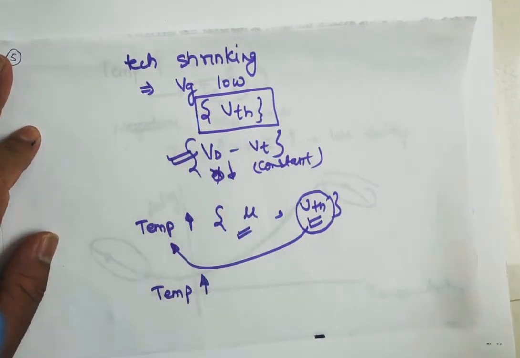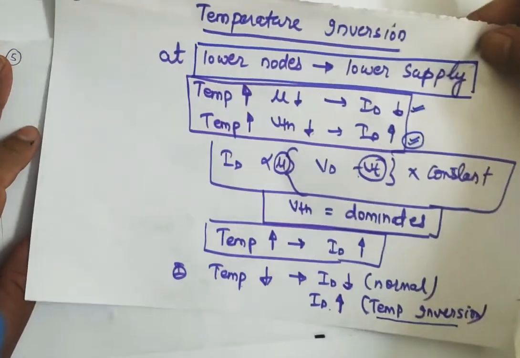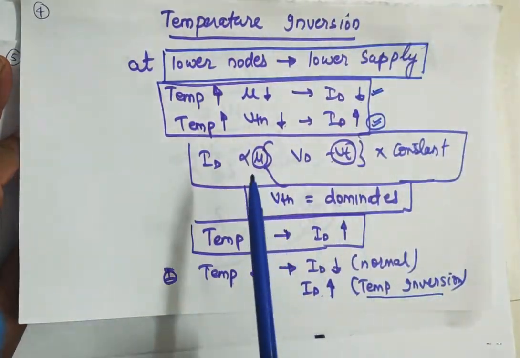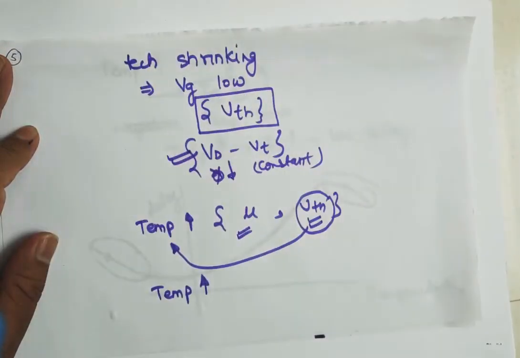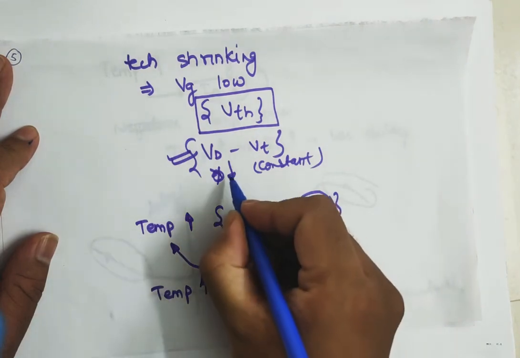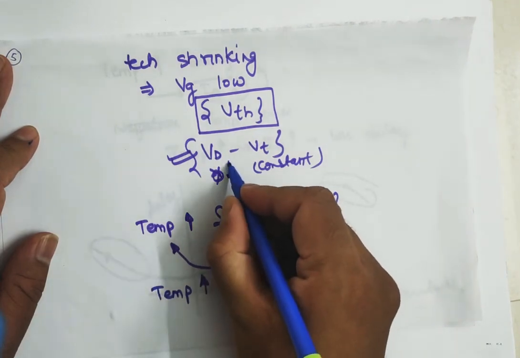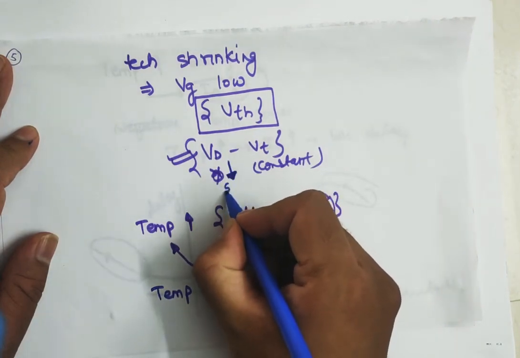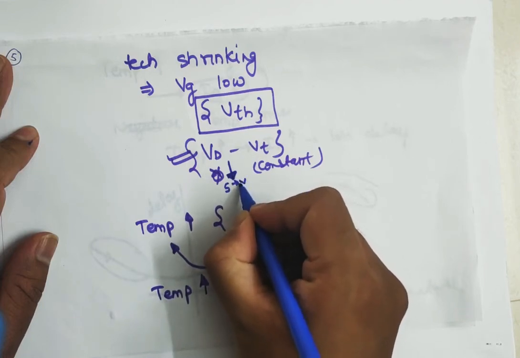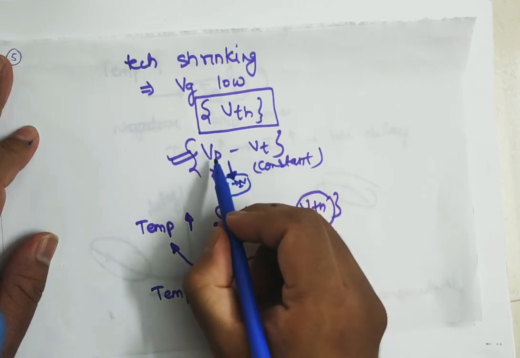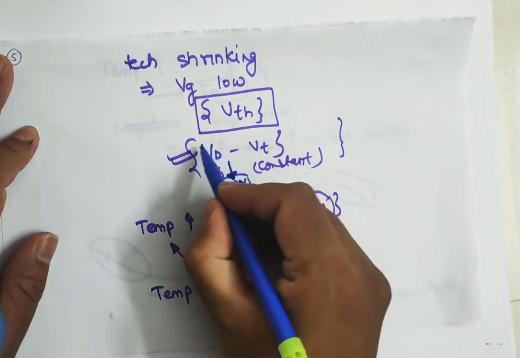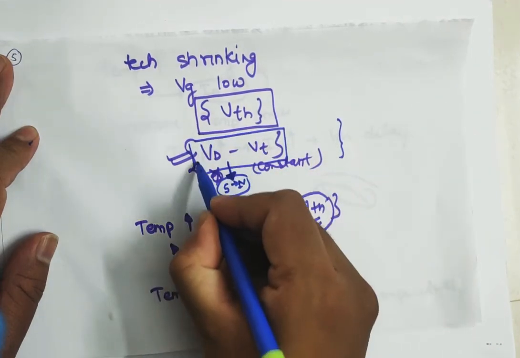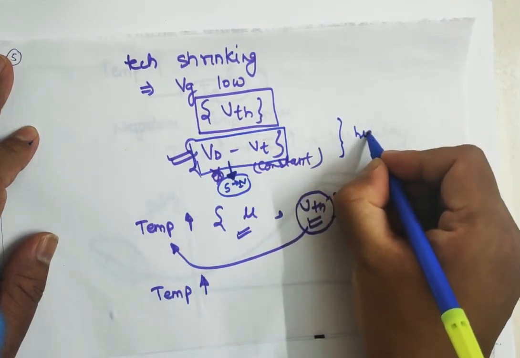If we have seen this equation, ID is directly proportional to mu, VD minus VT and some constant, correct? So what will happen, your VD is changing quite a lot, from 5 volt it moved to 1 volt. So if VD is decreasing but your threshold voltage is constant, it's not changing much, the effect of changing this term is quite high.